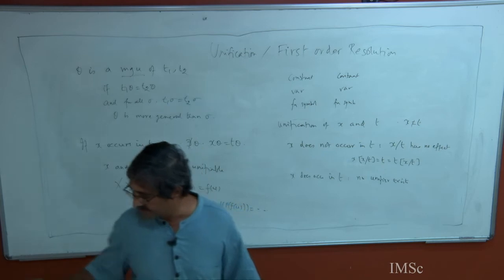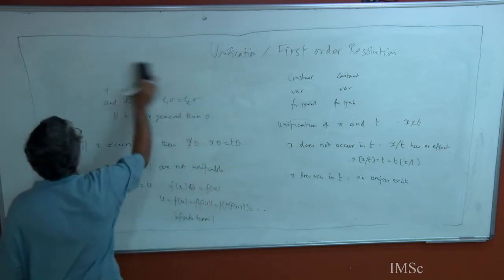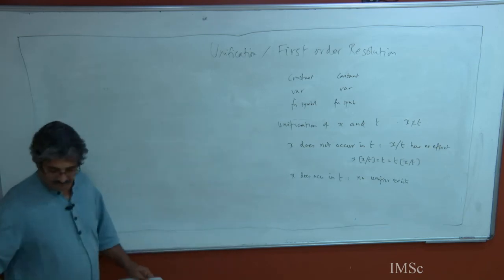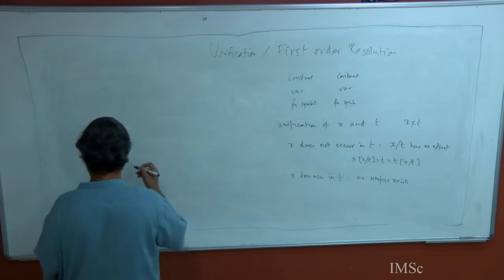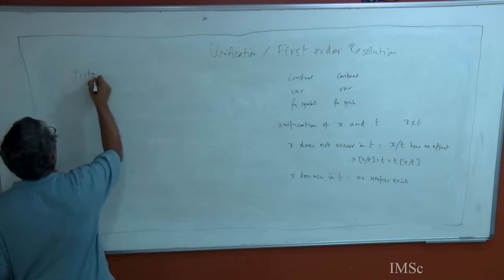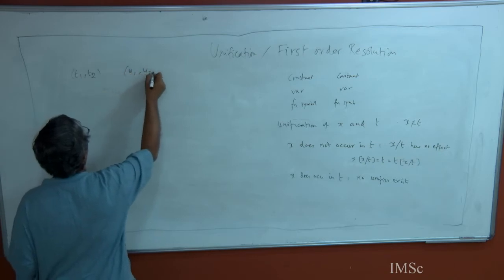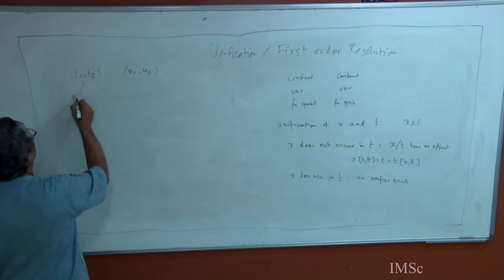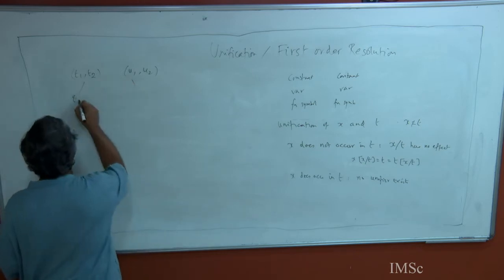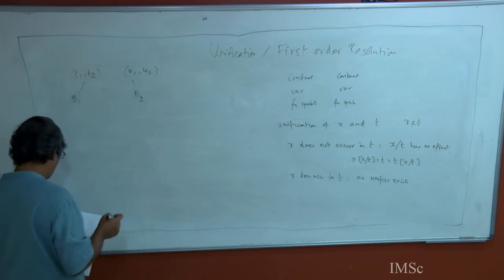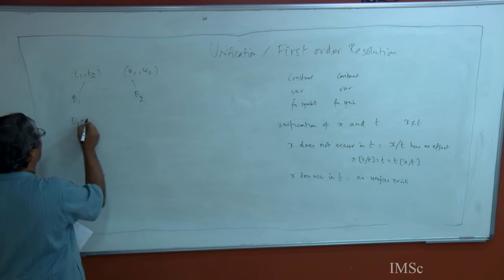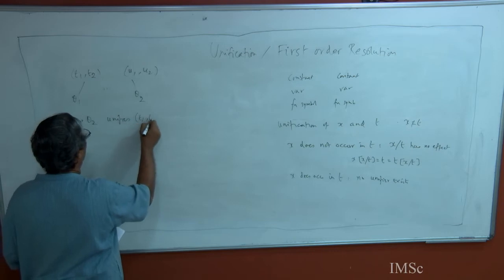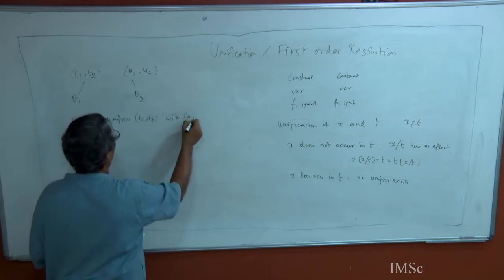If you have two terms T1, U1 and T2, U2, so if you have a pair T1, T2 and some pair U1, U2, then if you have unifiers theta 1, theta 2, then compose theta 1 and theta 2, and this unifies T1, T2 with U1, U2.